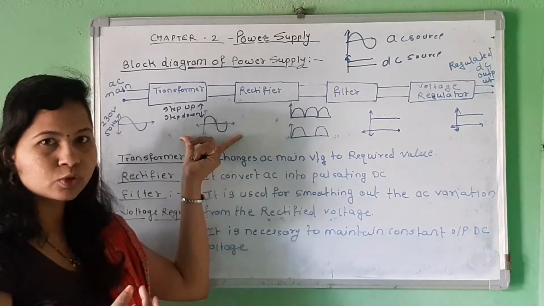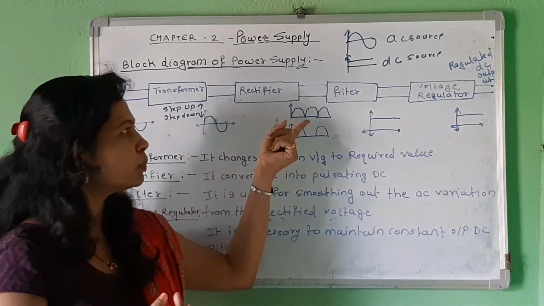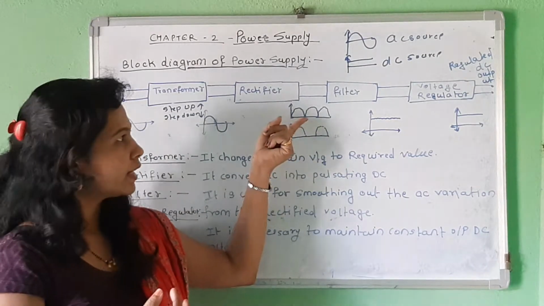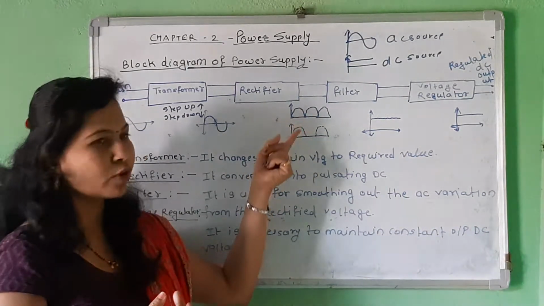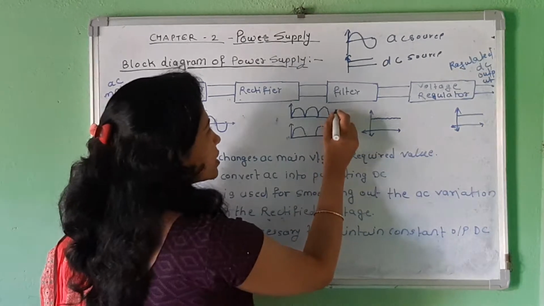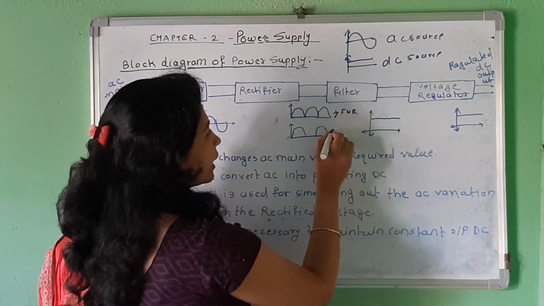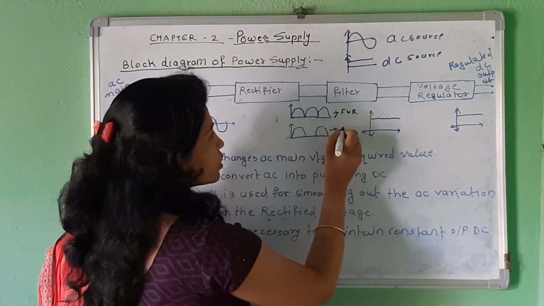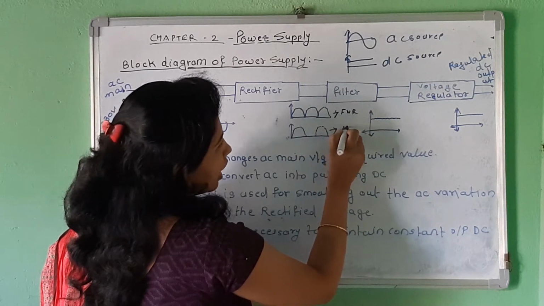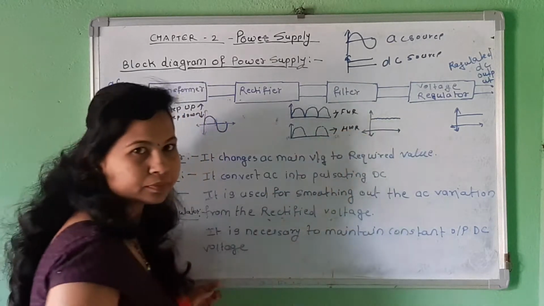Rectifier is used to convert the AC voltage into pulsating DC voltage. Here I gave you two waveforms. This is for the full wave rectifier, and this waveform is for the half wave rectifier.